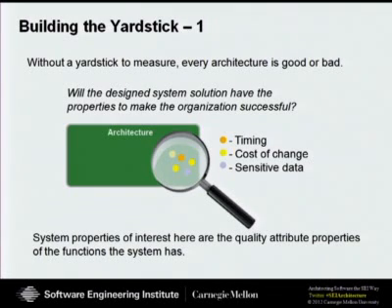Something like the timing, cost of change, security questions like sensitive data, availability, you name it, and anything else. Those are the properties in the architecture that need to be measured. So any yardstick that helps us to do exactly that is a good yardstick. A yardstick that measures quality attribute properties of the architecture. That's what we need.